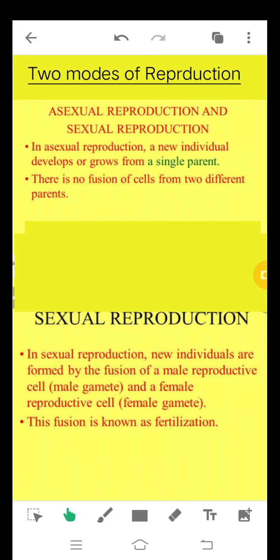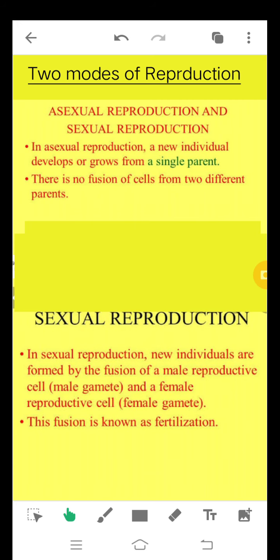So in sexual reproduction, two parents are involved, male and female, and both of them produce gametes, male gamete and female gamete, and these two gametes fuse together to form a zygote which develops further into a new individual.